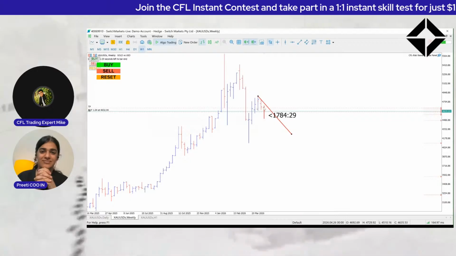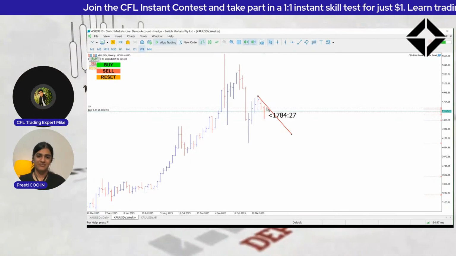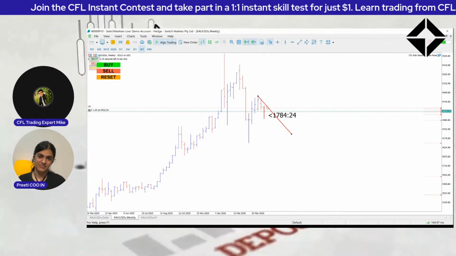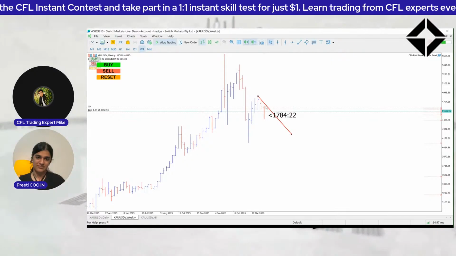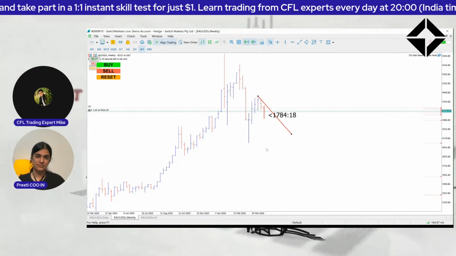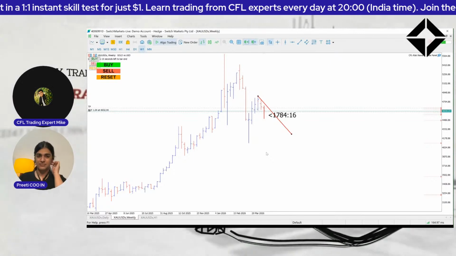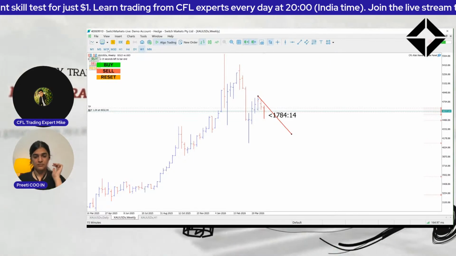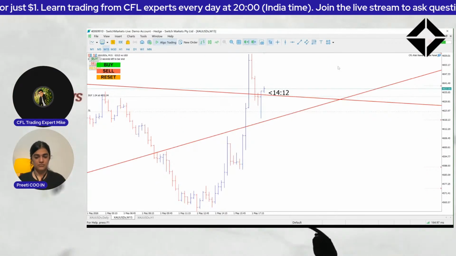If the market closes here and the next week opens here, it will go a little bit up but never break this line, and then boom, all the way down towards this. So they are creating buyers. Very, very carefully trade on these levels.